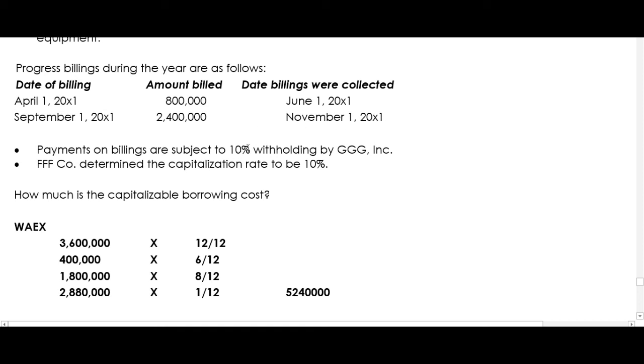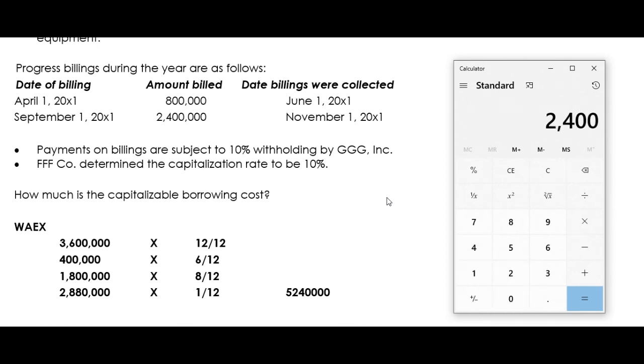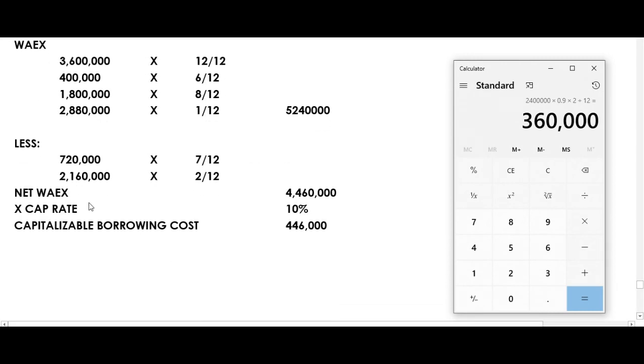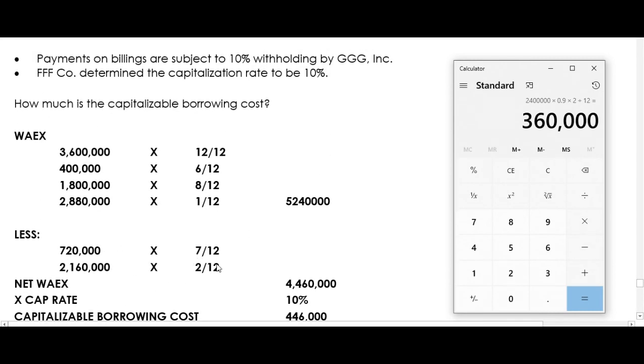Okay? Tapos may withholding pang 10%, so kapag lalabas natin yung calculator, 2,400,000 times 90% kasi may withholding nga na 10%, tapos times 2/12 lang. So 360. Okay? So basically yun yung tatanggalin natin.